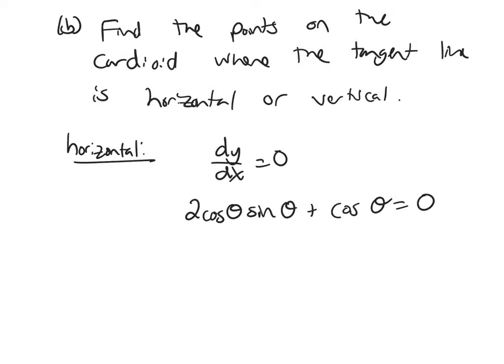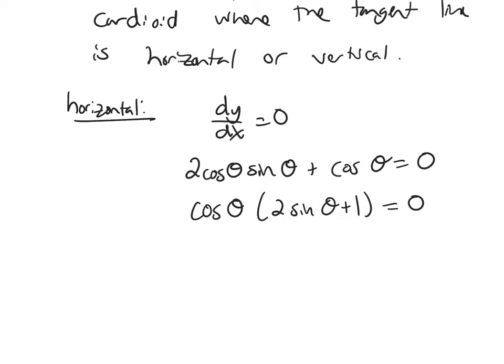And these terms have a cosine in common, so I can factor that out. So either cosine of theta is 0, or 2 sine theta plus 1 is 0.